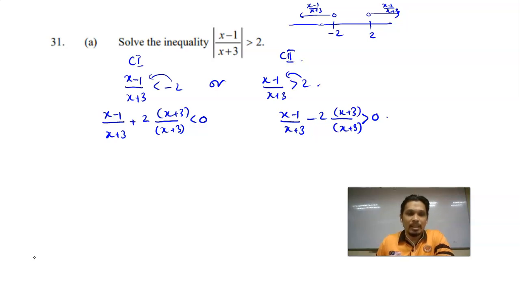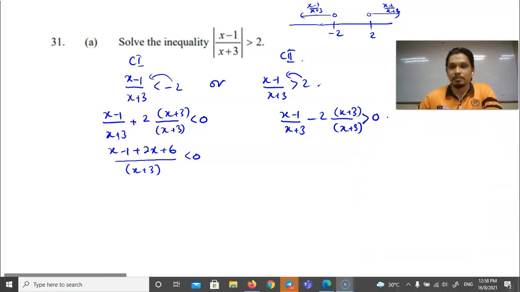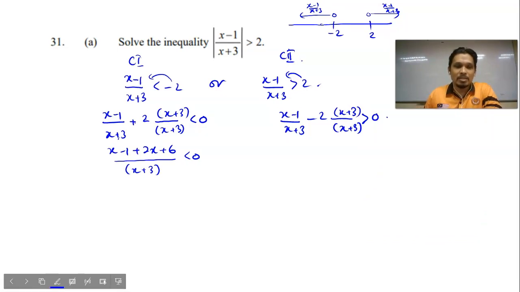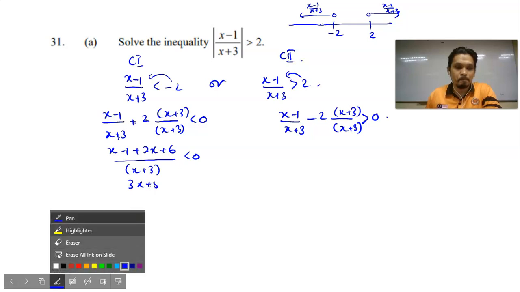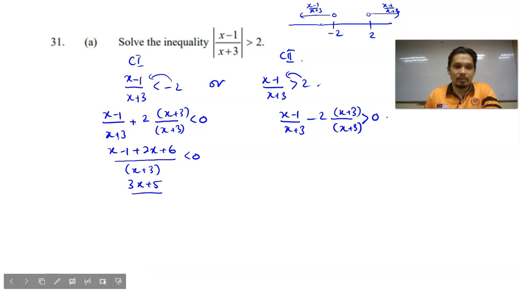Now x - 1 plus 2 times x plus 2 times 3, which is 6, over x + 3. The denominators are now equal, so we come out with (3x + 5)/(x + 3) < 0, since x + 2x is 3x, and 6 - 1 is 5.